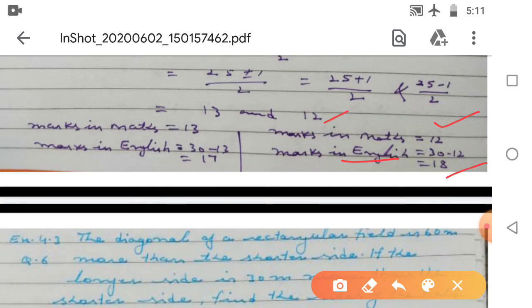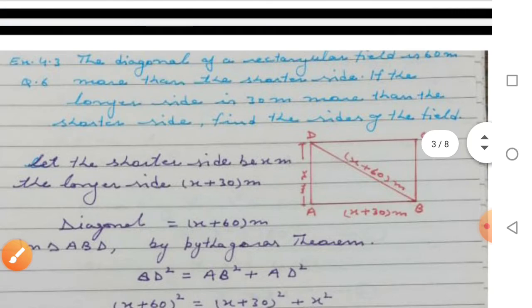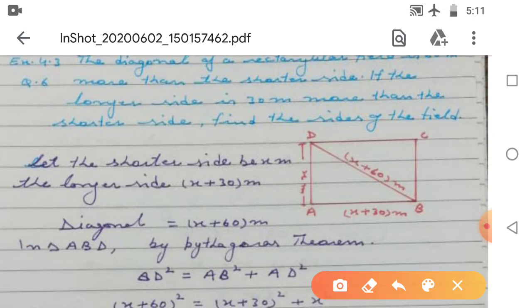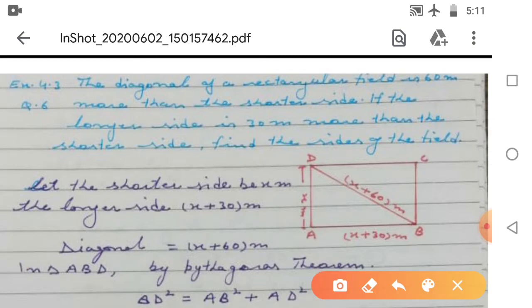Clear? Okay. Now, come to the sixth question of exercise 4.3. The diagonal of a rectangular field is 60 meter more than the shorter side.